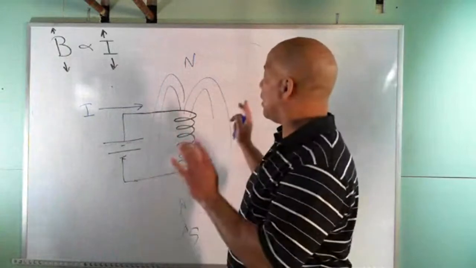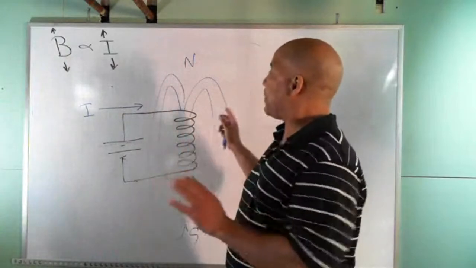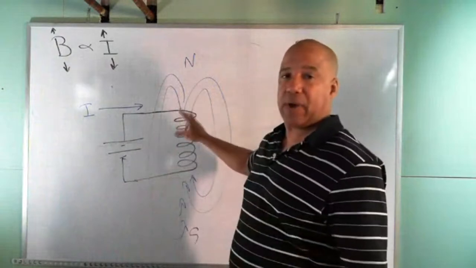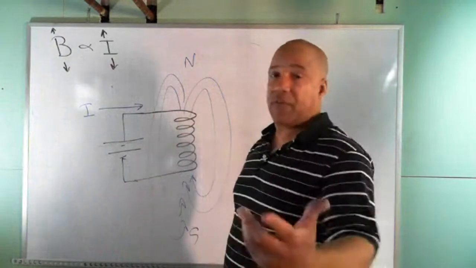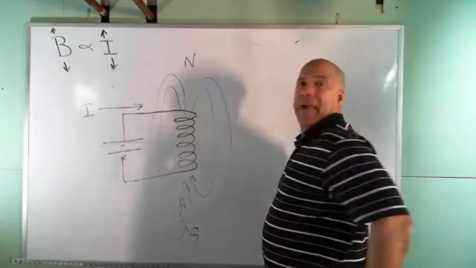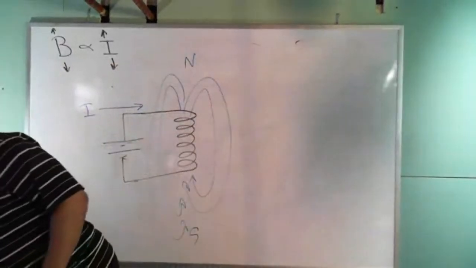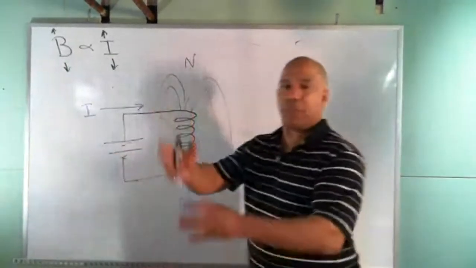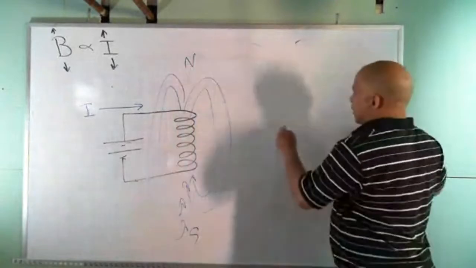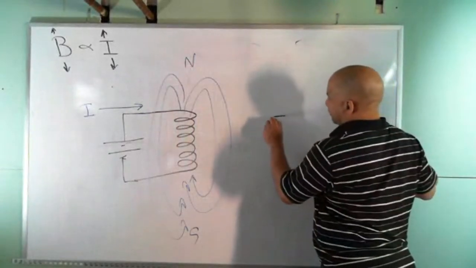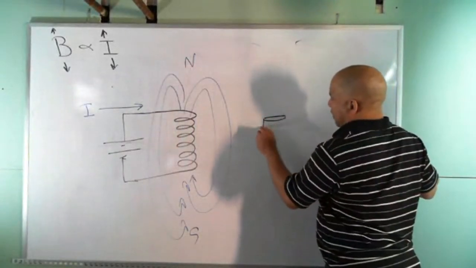There's a lot of devices and applications for this idea I'm showing you. I'll give you one right now. Imagine that you have a tube, like the cardboard part of a paper towel roll. I'll just draw it like this.